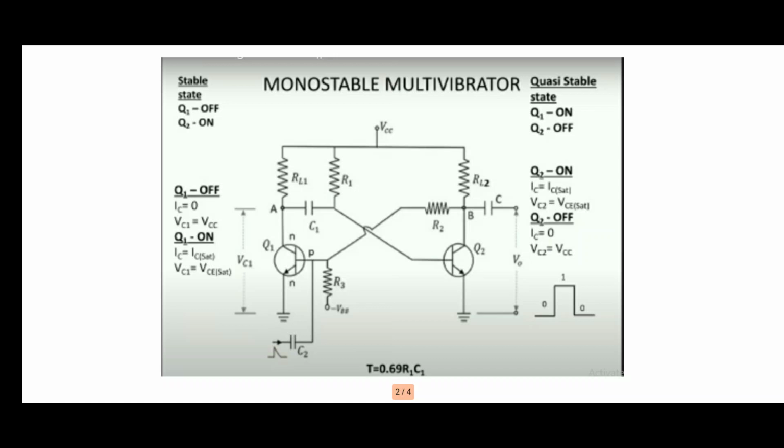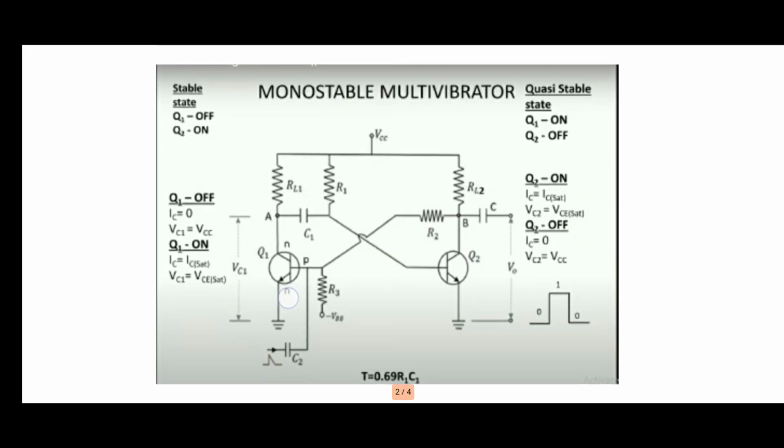What is the default state of this monostable multivibrator? At default, in the stable state, Q1 is in the off condition and Q2 is in the on condition. Whenever Q1 is off, the collector terminal and emitter terminal are open circuited.